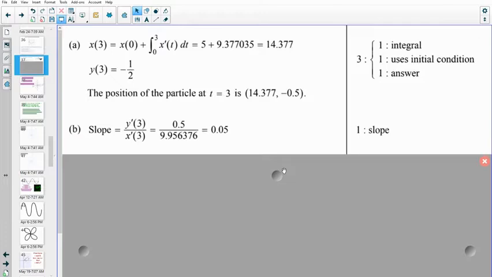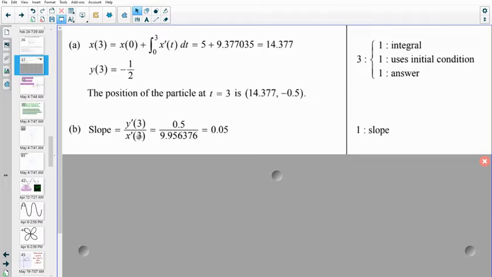Part B is only worth 1 point. This is the other formula that we saw for parametrics, and that is dy/dx is equal to (dy/dt) over (dx/dt). Again, dy/dt we just get by looking at the graph, saying the slope of a tangent line to that line segment is 1/2. And then the equation that we are given is x prime, dx/dt. So let's see, find the slope of a tangent line at time equals 3.